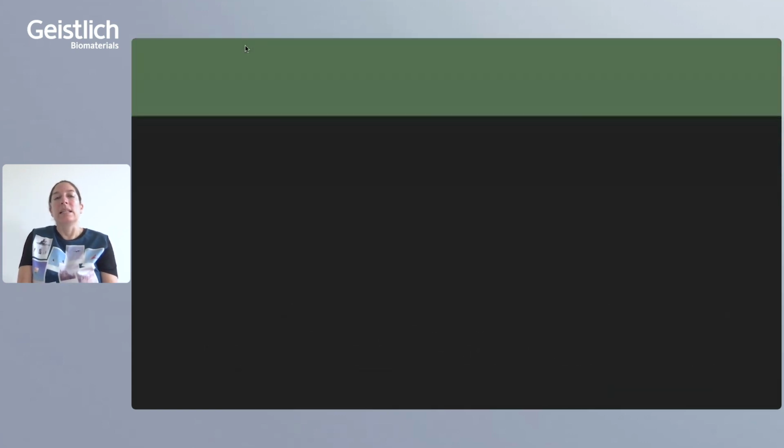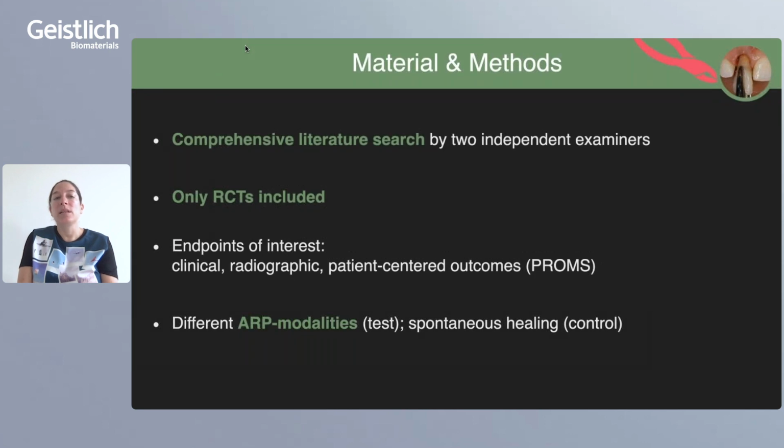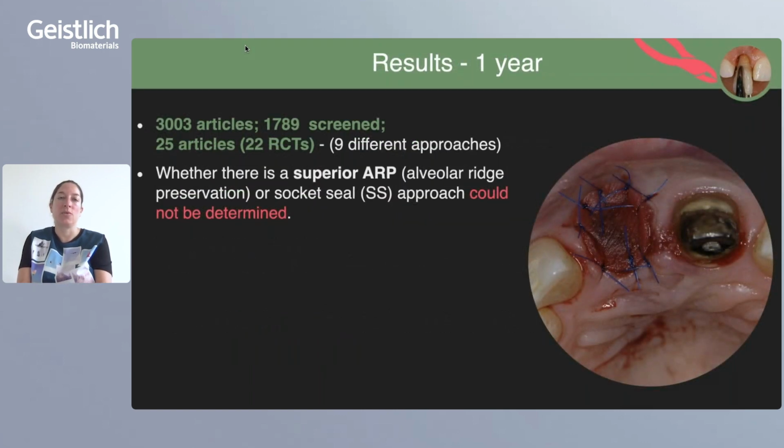And they have been able to gather a lot of data because there is a lot of evidence available. They have done a literature search and have only included RCTs. And they have looked at a lot of different ridge preservation procedures, different materials and different methods at performing ARP.